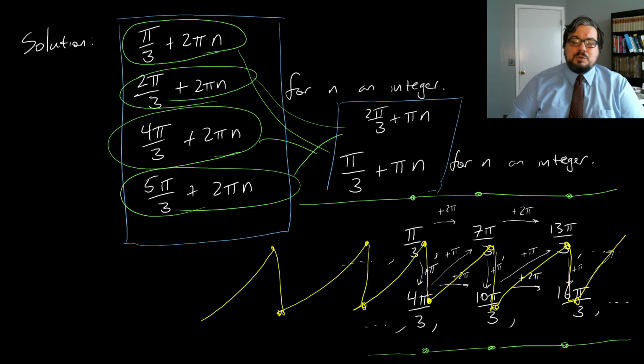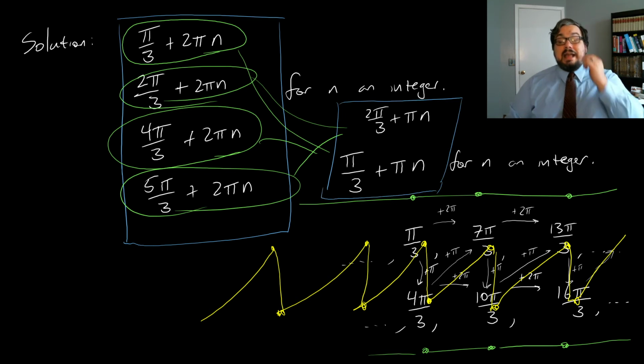This is something that you will often see done, and if you spot that you can simplify your collections of families by combining two collections into a single one, by switching what you're adding at the end, then it does make things nicer, but be very, very careful when you do so that you aren't making any sort of mistakes and you are still listing all the same solutions that you were the first time.